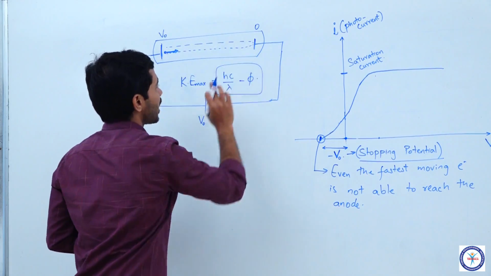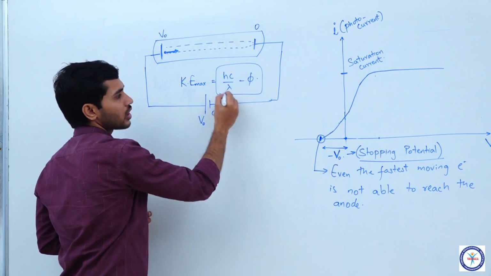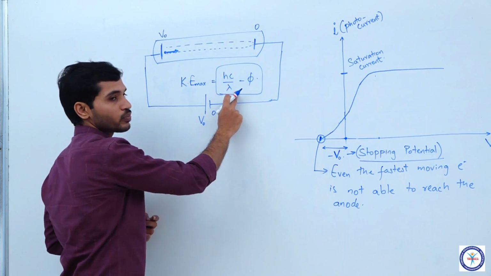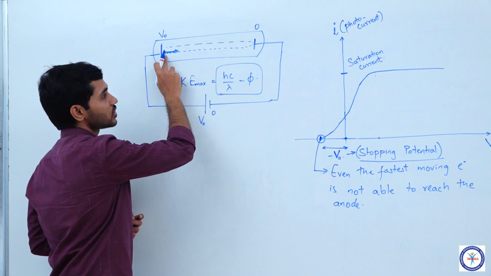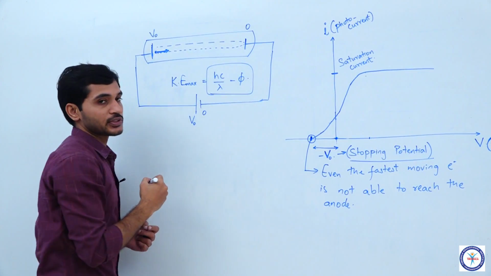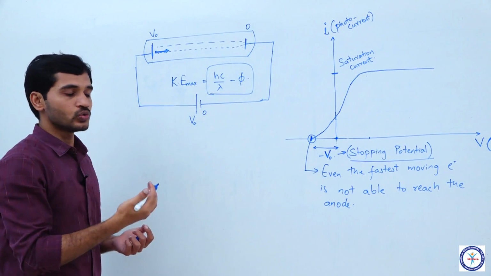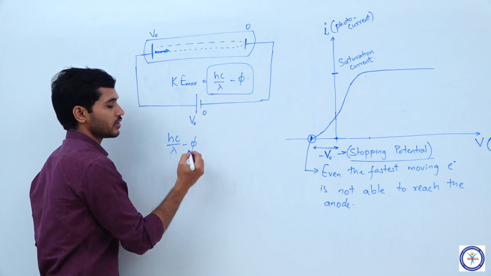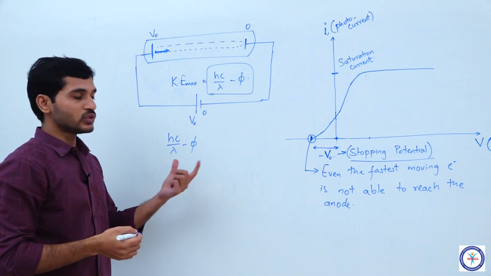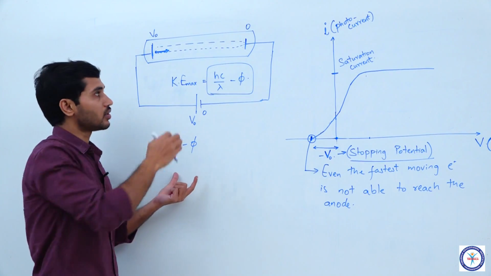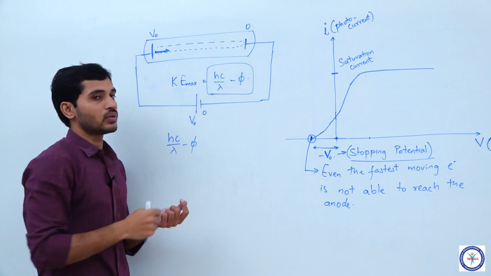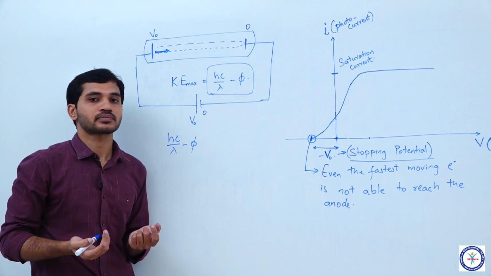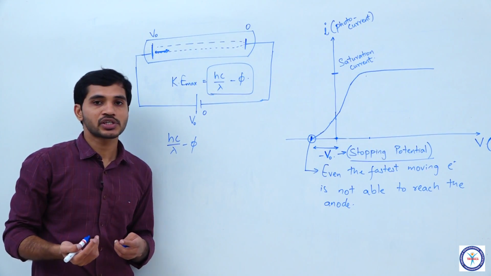For this to happen, all the kinetic energy which the electron possesses at this position should become 0 at this position. So, it should lose a kinetic energy of hc by lambda minus phi. If it is losing this much kinetic energy while going from here to here, that energy is getting converted into potential energy.